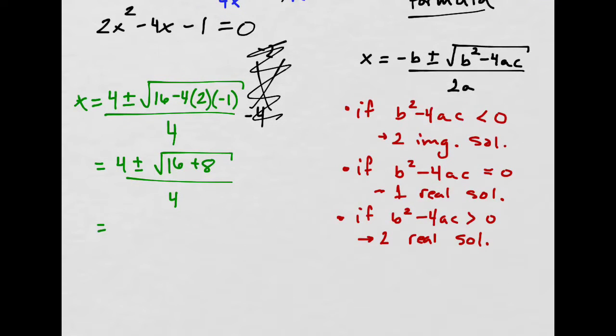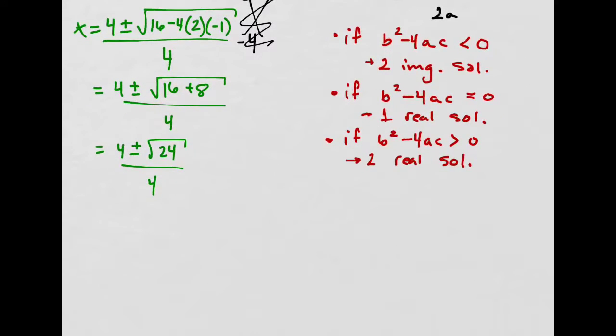So then I get, and I cannot reduce that yet because I have the plus or minus there. Okay, so it's not 4 over 4, it's 4 plus or minus this. So 16, 17, 18, 19, 20, 22, 23, 24. 24. And I can't reduce this part because it's not 24 over 4, it's the square root of 24 over 4.